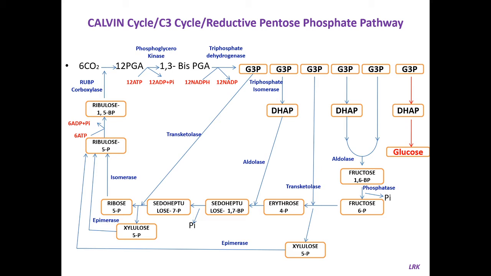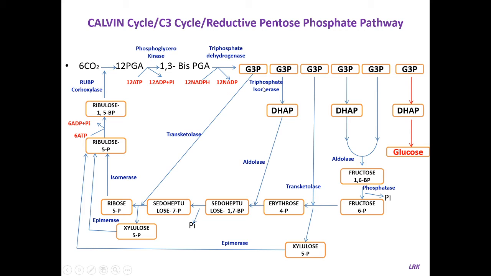So, carboxylation and reduction. The remaining is regeneration. Regeneration of what? Regeneration of ribulose bisphosphate, which was first utilized to fix the carbon dioxide. See, this ribulose bisphosphate has to be regenerated to continue this cycle. So here we have a total of 12 molecules of glyceraldehyde 3-phosphate.